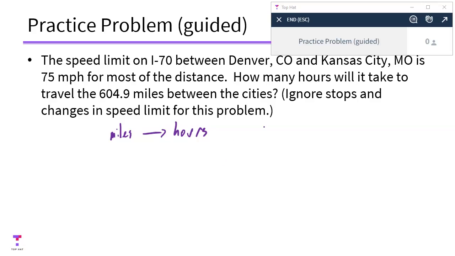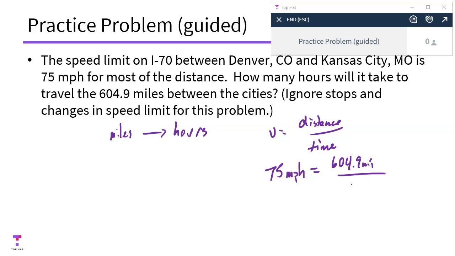We could take the equation approach: velocity is equal to distance over time, where we've got 75 miles per hour and we want to travel 604.9 miles. We just need to solve for time. That would be one approach.